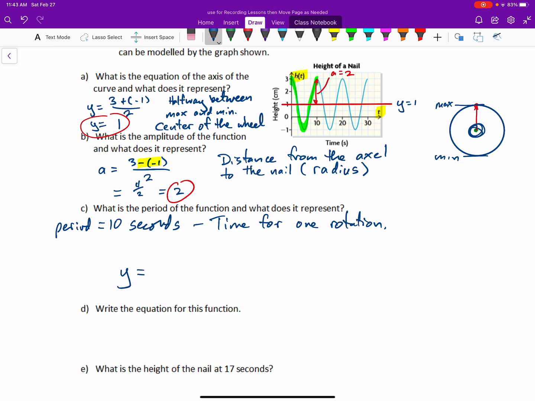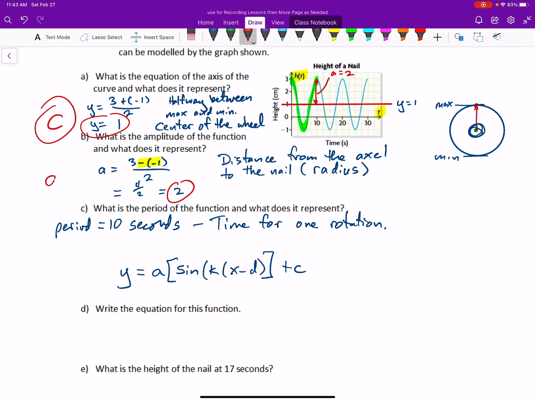For a trig function, it's going to be y equals a times sine or cos. It doesn't matter, take your pick. I could replace this sine with the cos, same thing, of k times x minus d, plus c. So my axis of the curve is my c value as far as transformations go.